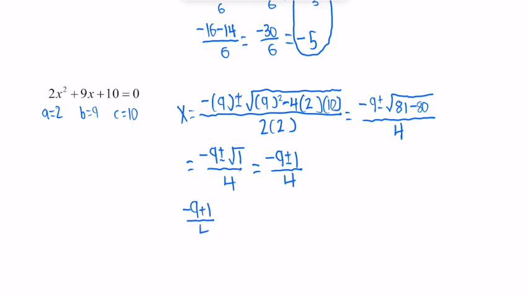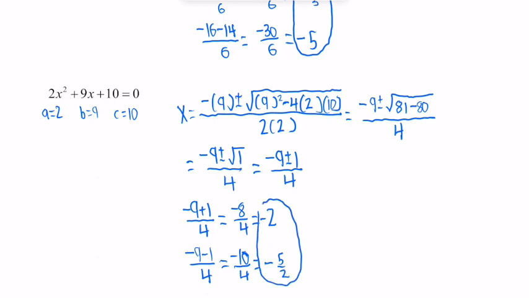Negative 9 plus 1 over 4, negative 9 minus 1 over 4. Negative 9 plus 1 is negative 8, and negative 8 over 4 is negative 2. Negative 9 minus 1 is negative 10. Negative 10 over 4, when we simplify it, we would have negative 5/2. So negative 2 and negative 5/2 would be our solutions.